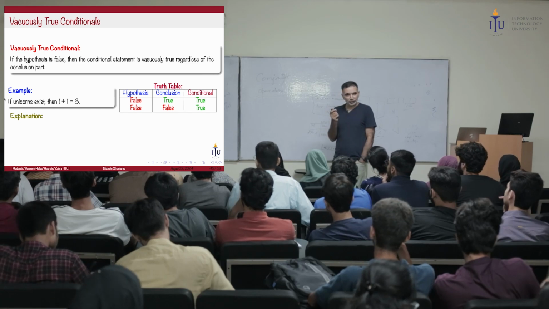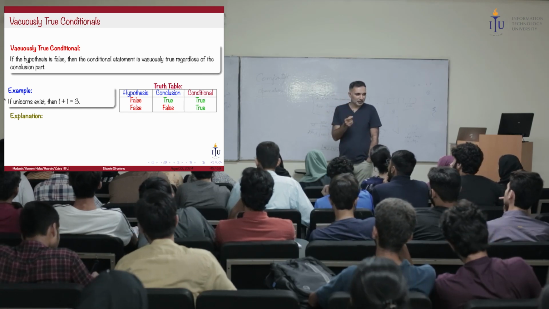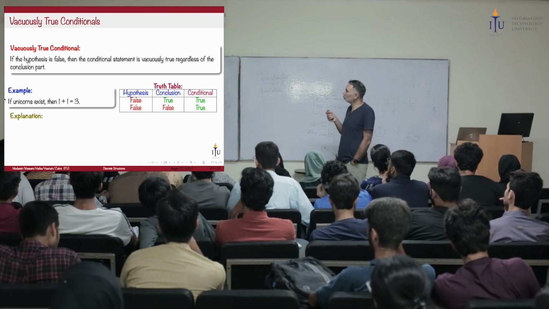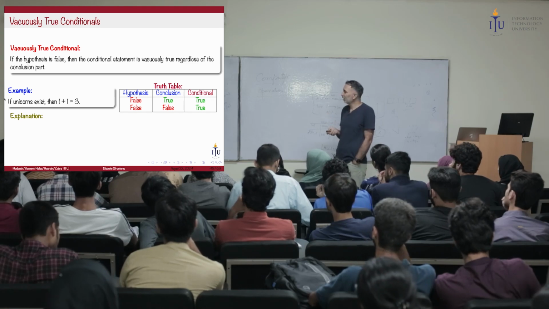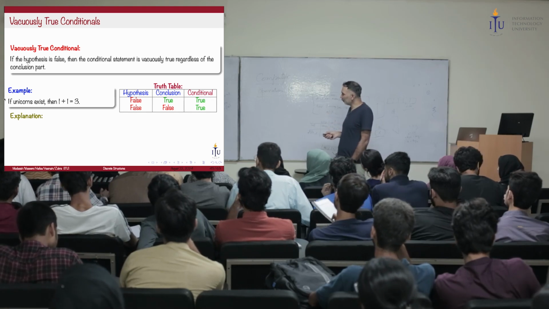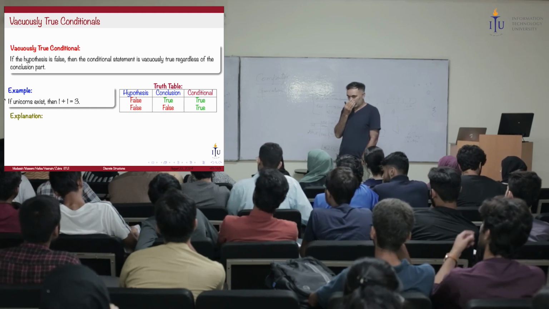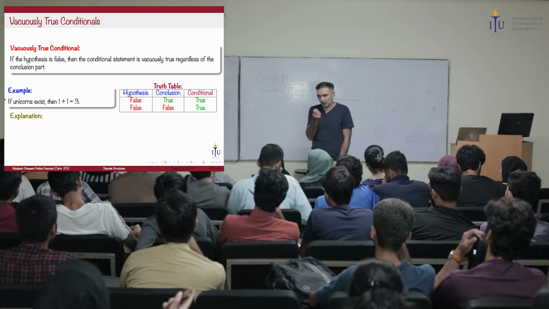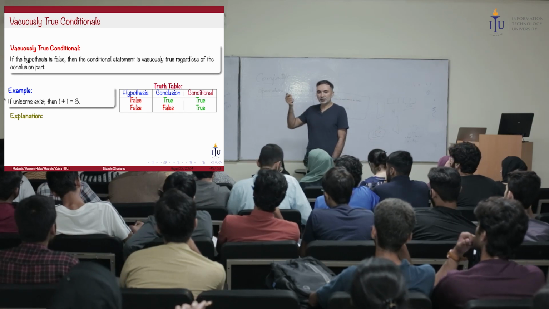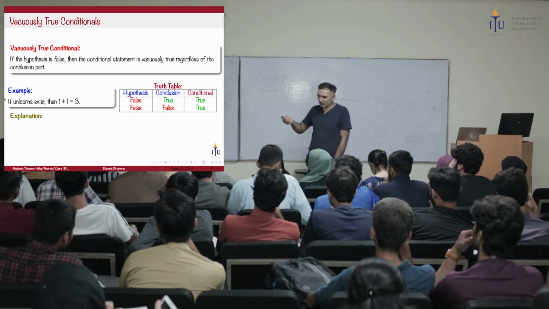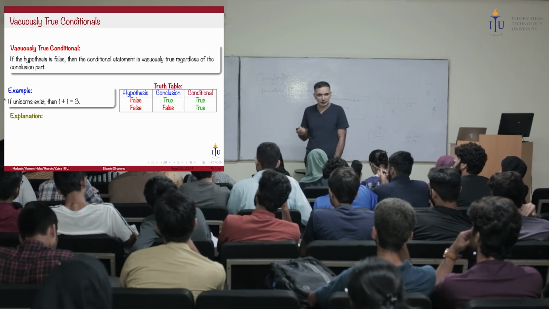There's another way to figure out a conditional is always true, and that's called the vacuously true conditional. This is when your hypothesis is false. If your hypothesis is false, you don't need to worry about whether your conditional proposition's conclusion is true or not.